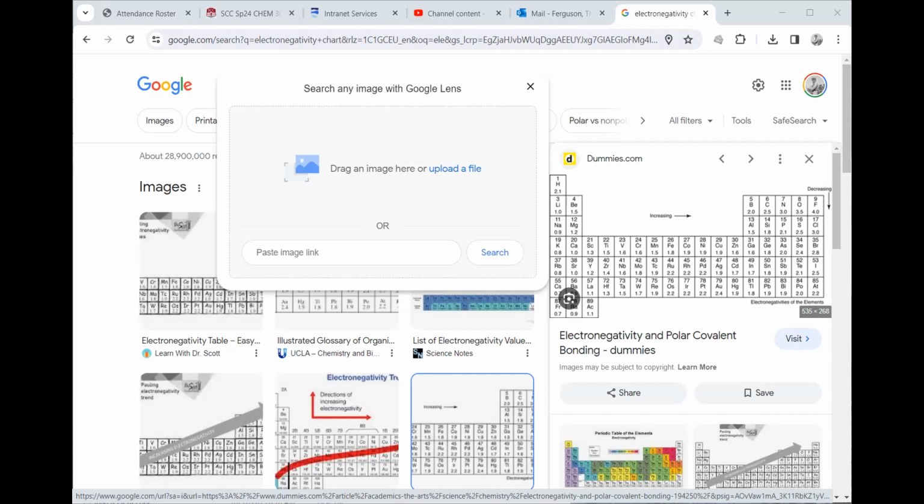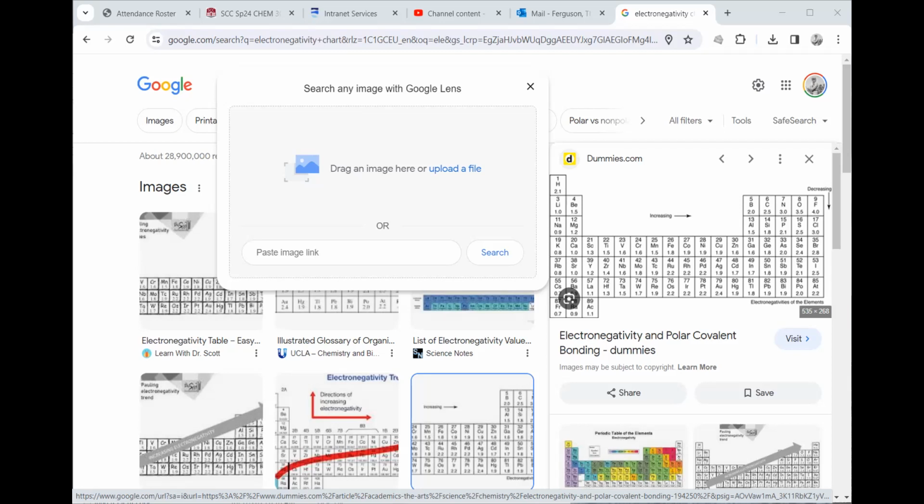So another way to talk about a polar bond is to say it's lopsided. One side of the bond is much more electronegative than the other side. That's the side of the bond that has the most electronegativity.